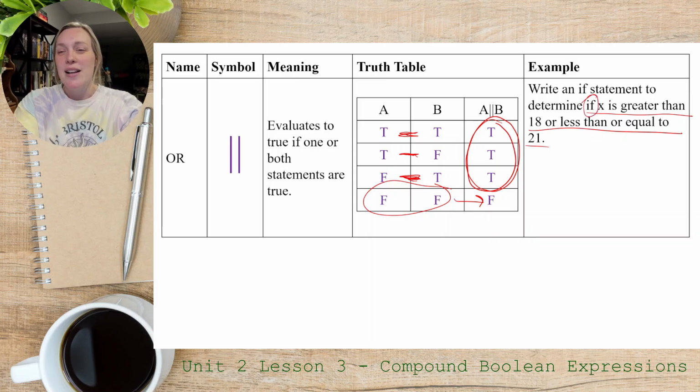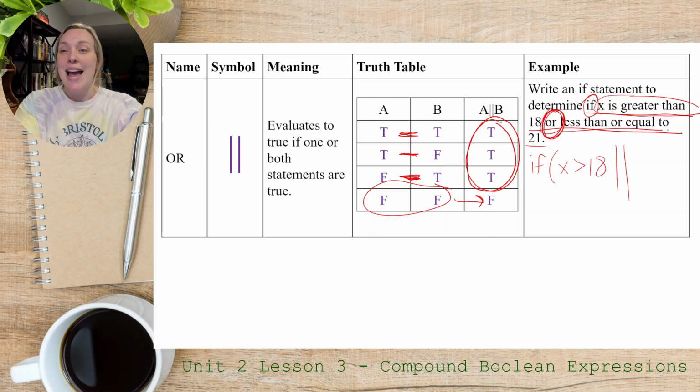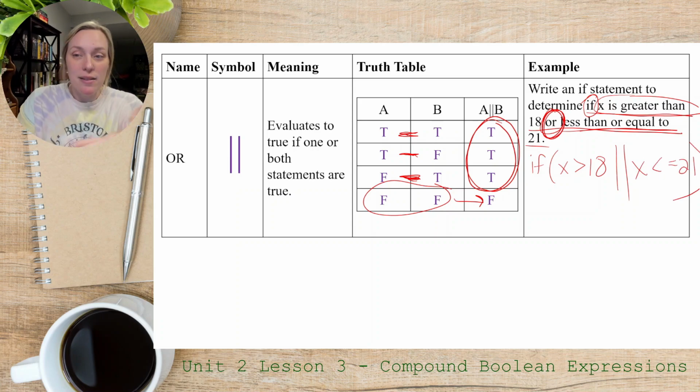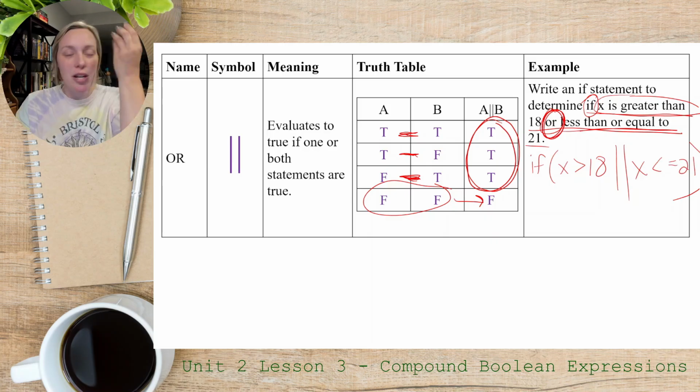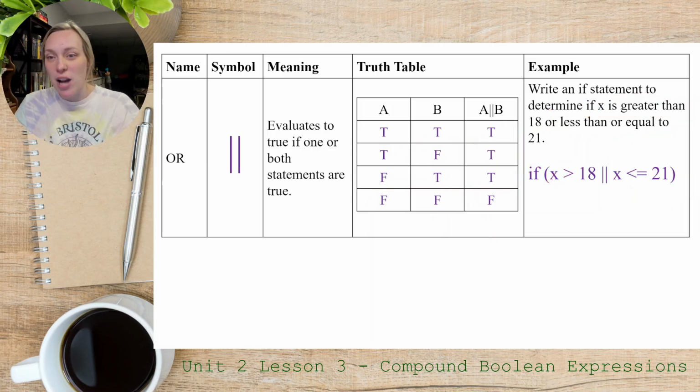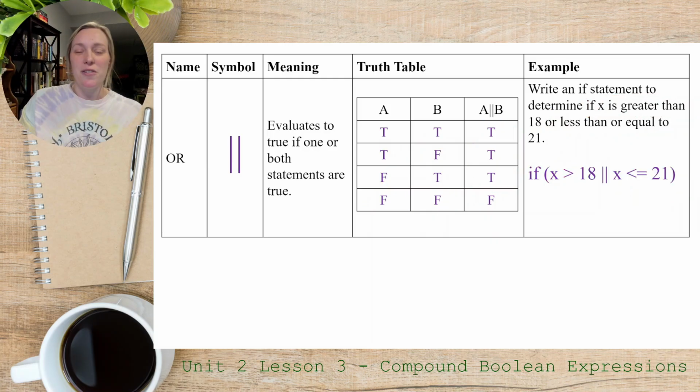If X is greater than 18, or X is less than or equal to 21, then I want to do something with it. There it is. Just in words, I was able to write my Java code. It's truly beautiful. That's my or.